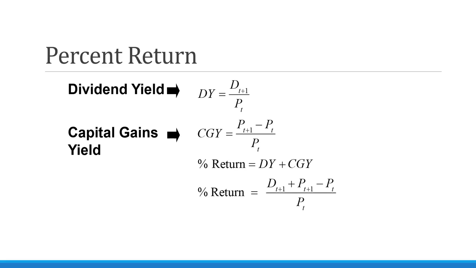So then we take those two, our percent return is our dividend yield plus our capital gains yield, or our dividend plus the price we received when we sold it minus the price that we paid divided by the price that we paid. So let's look at some examples.